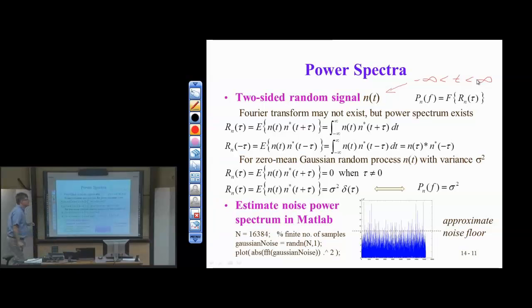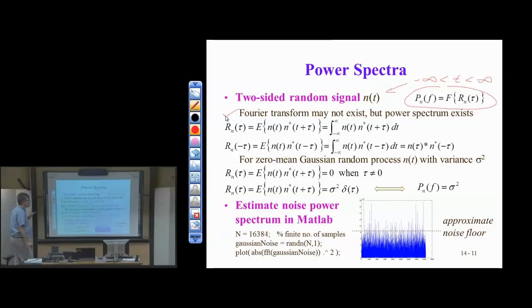This is theory. The power spectrum, as we said on the previous slide, is just the Fourier transform of the autocorrelation of that signal. Now let's see if we can show that for a random signal. Again, for a two-sided random signal, the Fourier transform may not exist, but the power spectrum does. So let's see how we can get there.